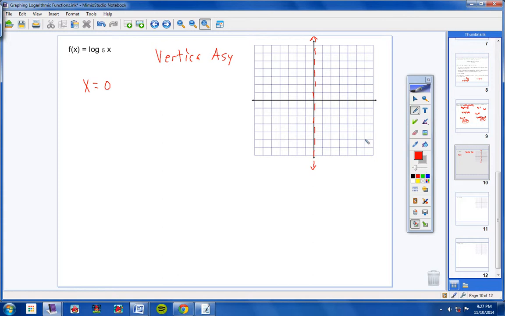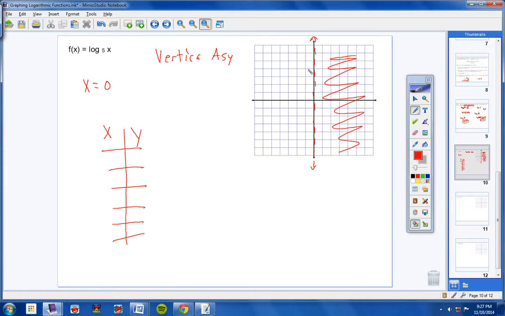Okay, now moving on. Now, step 2 says to make a table of values. But it says to do something really interesting. It says to get real close to the asymptote. Now look, guys, we know this is a vertical asymptote, so we know the graph is going to be over here somewhere, or it's going to be over here somewhere. Okay? So look, common sense, guys. You know you can't put -1 in for x, because you can't take the logarithm of a negative number.